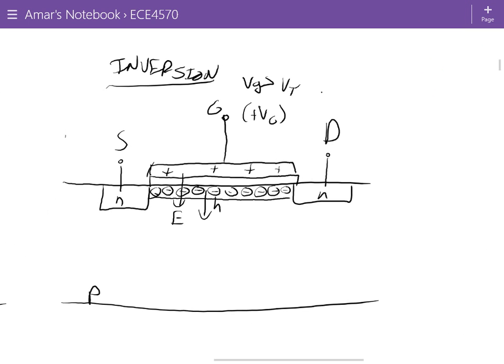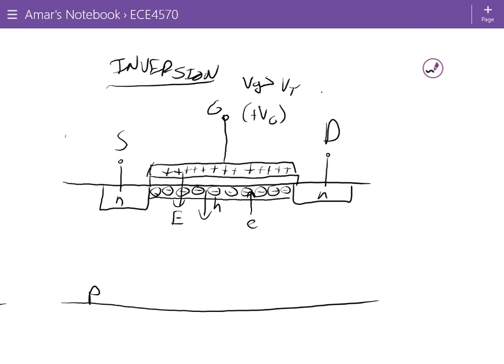So we accumulate a lot of positive charge here. We have a very strong electric field which drives away the holes, and it pulls in the electrons. All right, so this is the concept that we've already talked about.